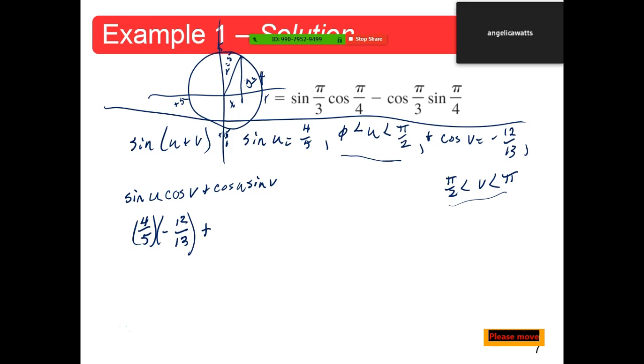There you can use good old Pythagorean theorem. Remember what it says? X squared plus y squared equals r squared. Like a squared plus b squared equals c squared.